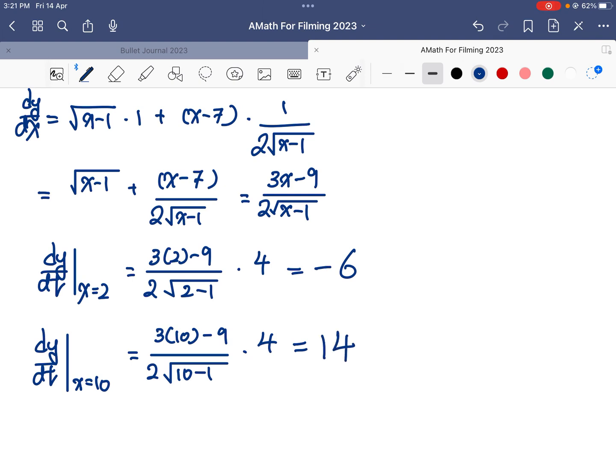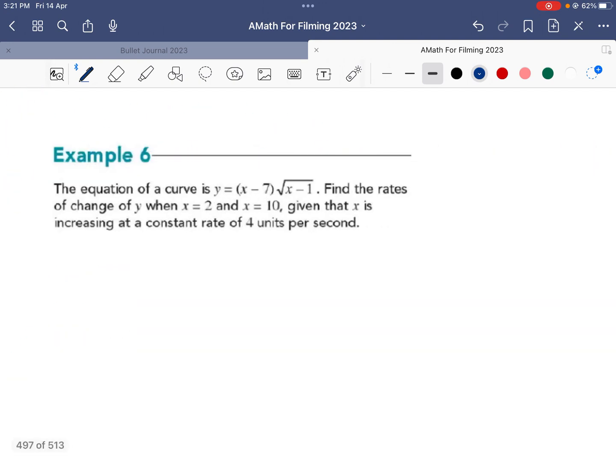If you work everything out, it is 14. So when the x value equals 10, the rate of change of y with respect to t is 14 units per second, increasing, while in the previous portion, when x equals 2, y is decreasing at 6 units per second.